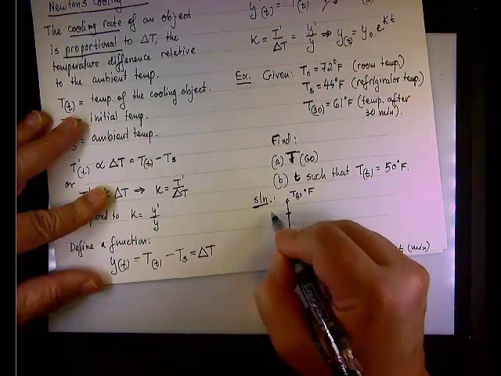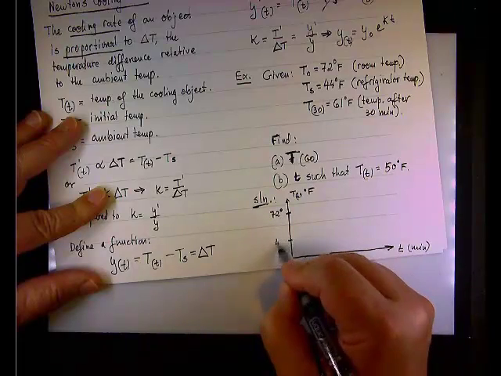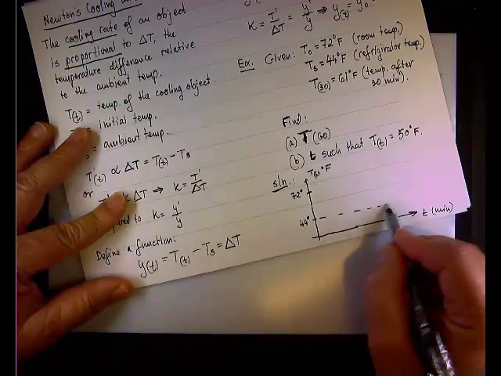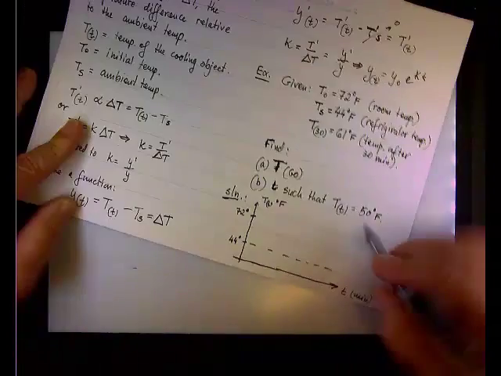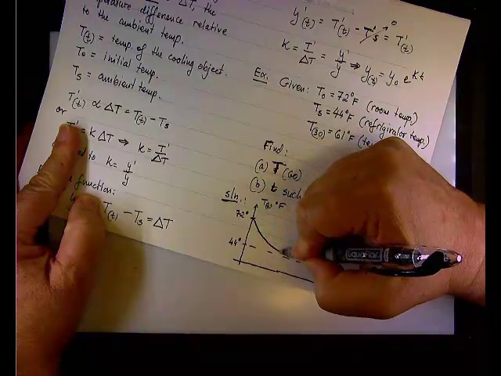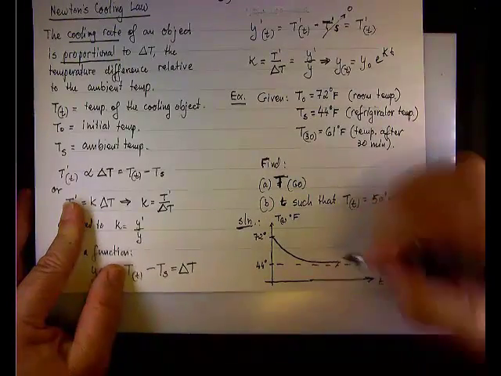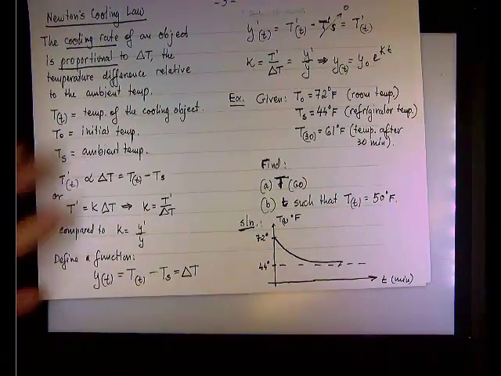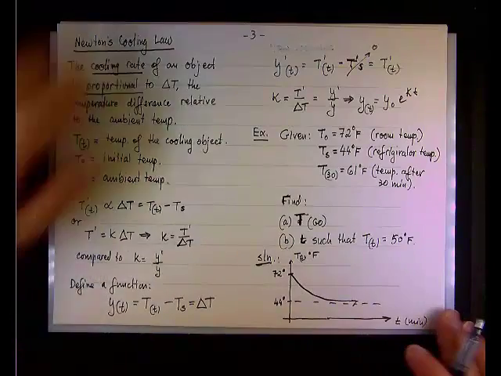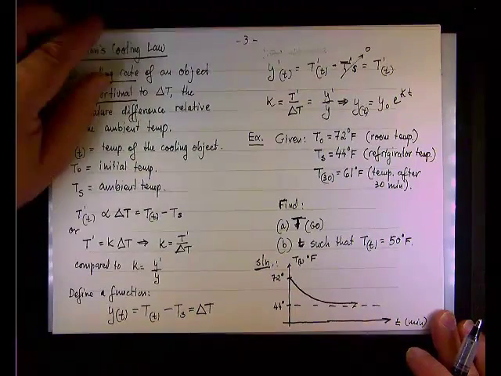We start at 72 degrees, and we end up at 44 degrees, which is the temperature of the refrigerator. Initially, we have a rapid drop in temperature, and then it slows down, and eventually will stabilize at 44 degrees. If we leave the water long enough in the refrigerator, it will pick up the ambient temperature.